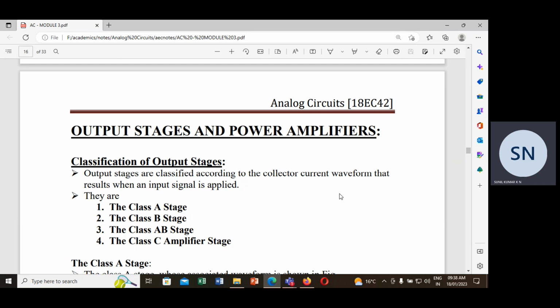The internal structure of the op amp, if you consider, it is giving high gain.